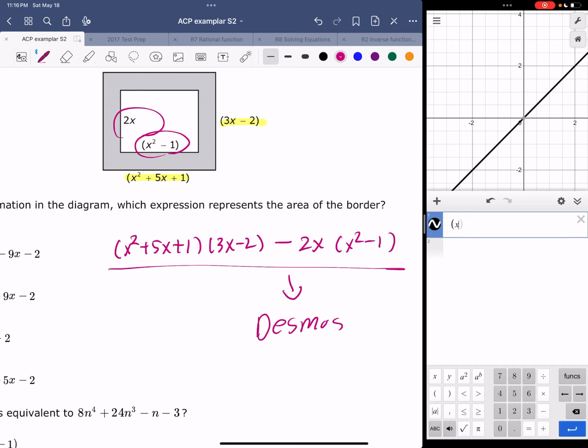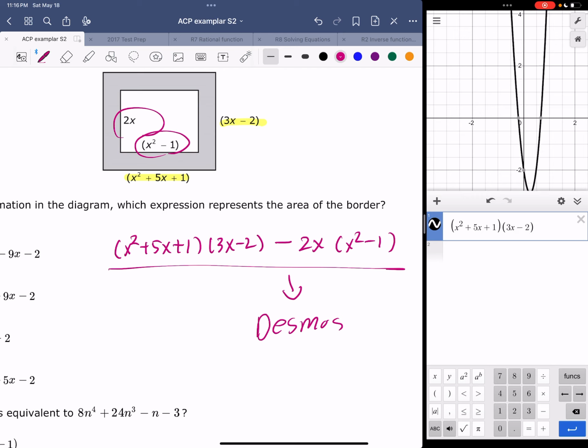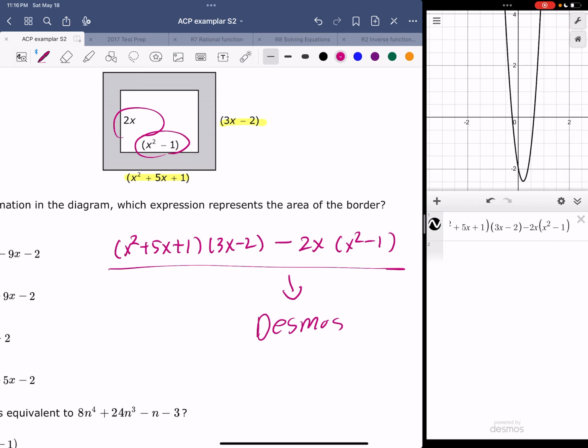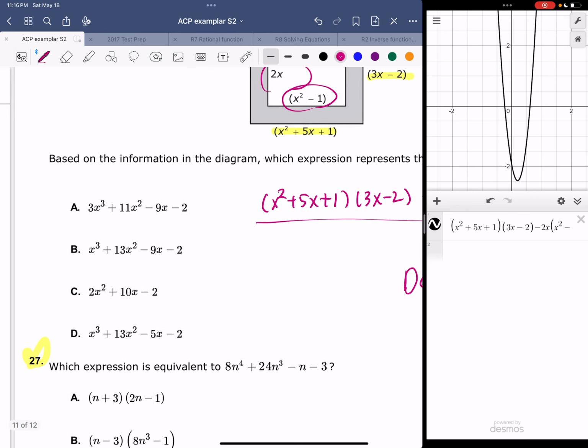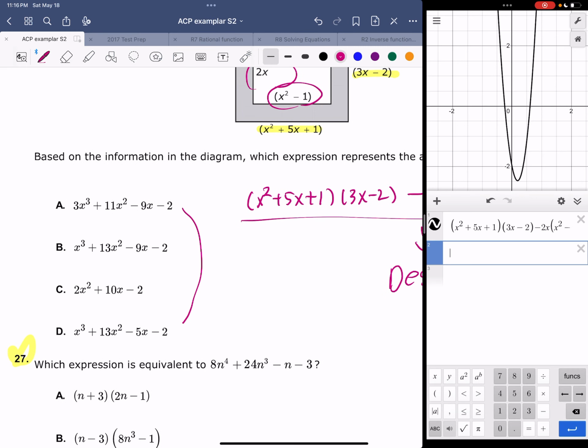Parenthesis x squared plus 5x plus 1, 3x minus 2 minus 2x, x squared minus 1. So I have a graph like this, and the only thing that I have to do is put every single one of these in and see which one actually matches. Like that.